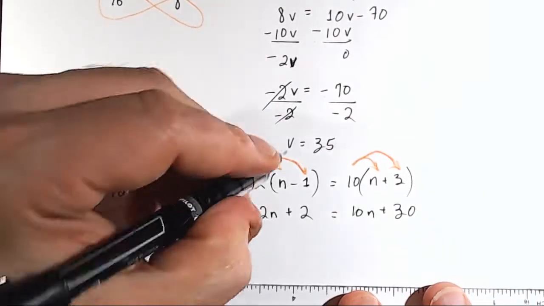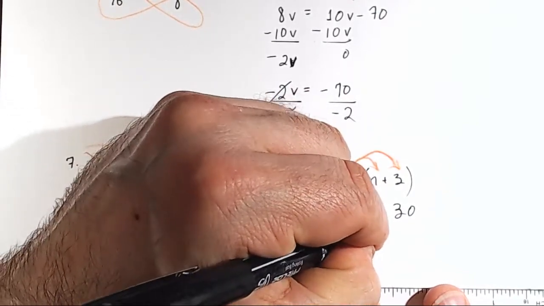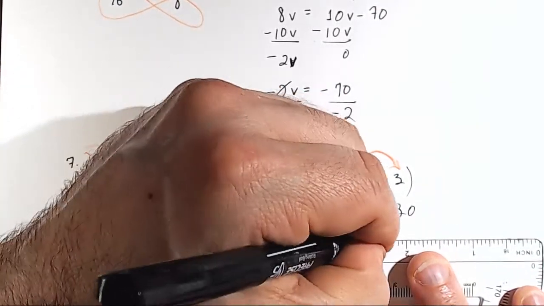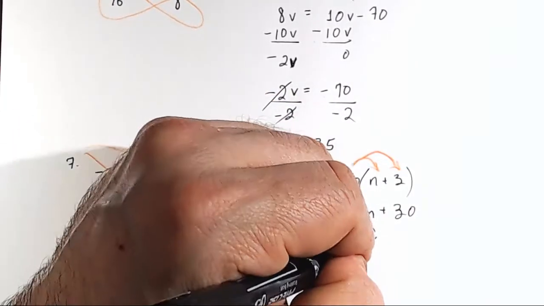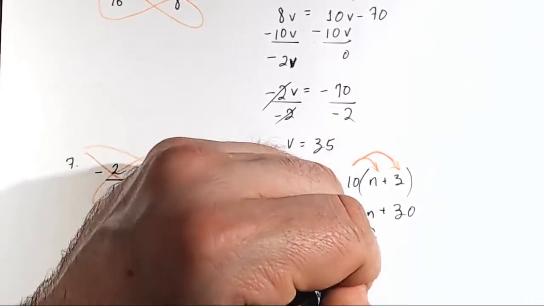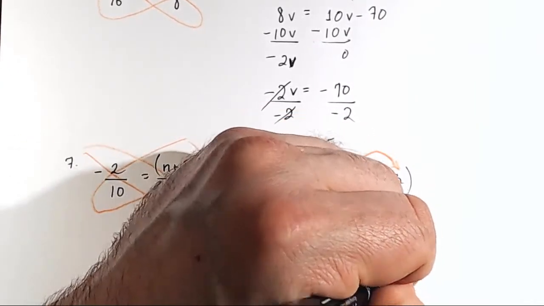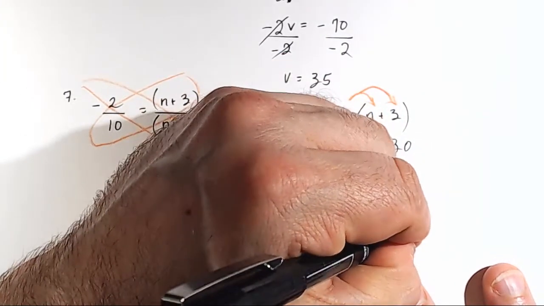We're going to isolate the variable. It's easier to isolate it on the right. So on the left, negative 2n plus 2n is 0. 10n plus 2n is 12n. Now let's rewrite. I've got 2 equals 12n plus 30. Okay, we'll isolate by subtracting 30 from both sides.